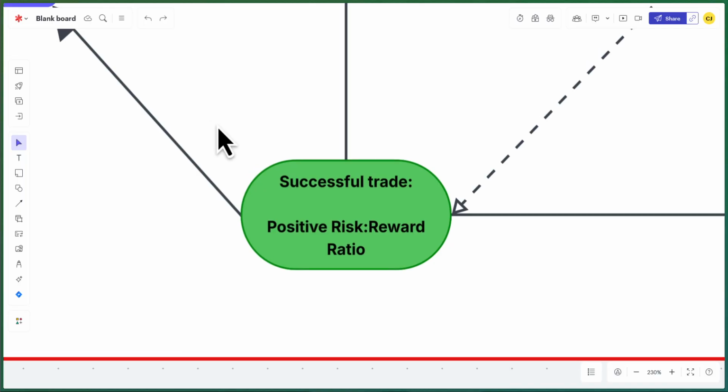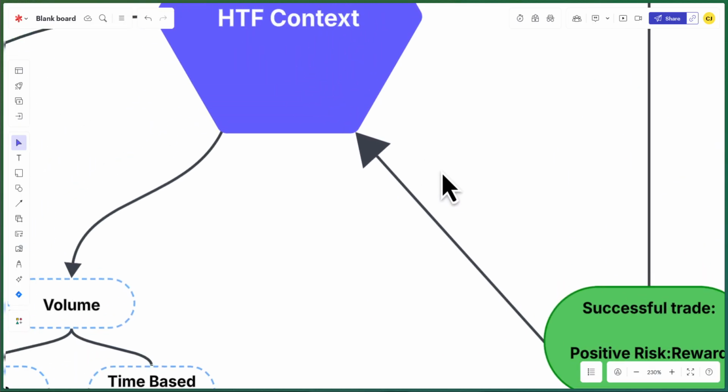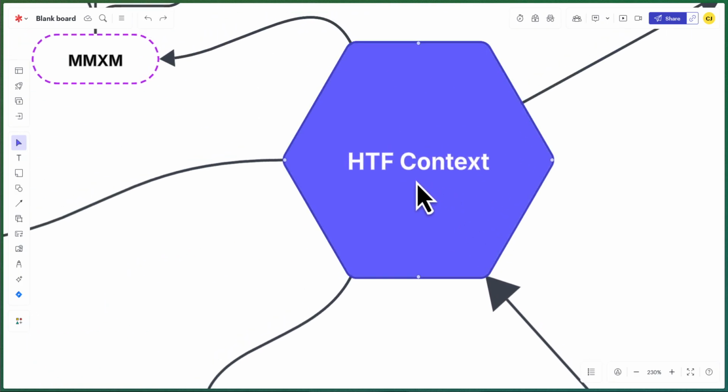We are not perfect, but to the best of my ability, I try to make sure every single one of my setups that I assume risk on meets these three criteria. And they're as follows. The first one is higher time frame context.